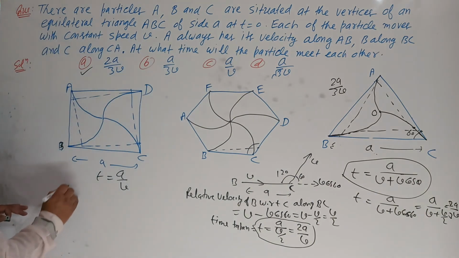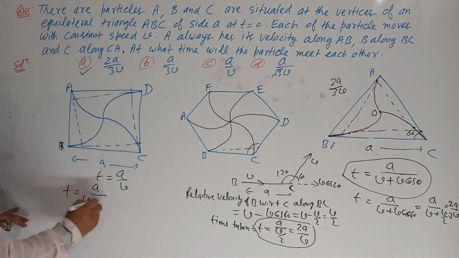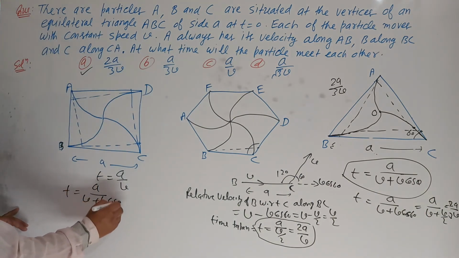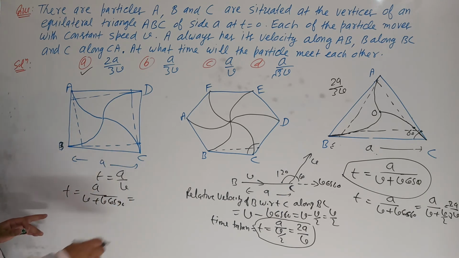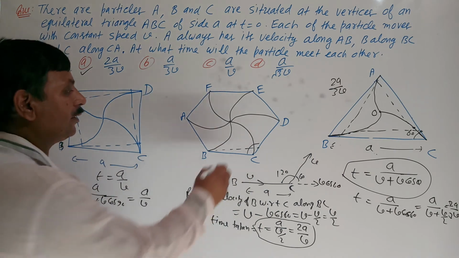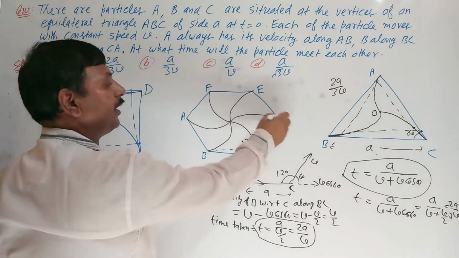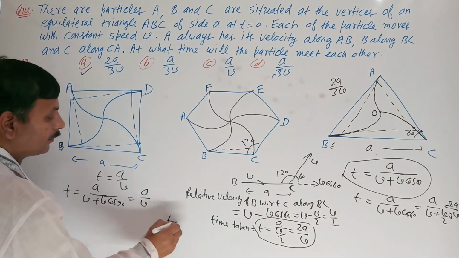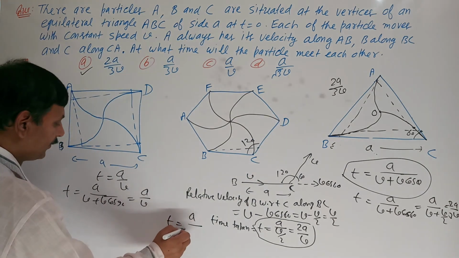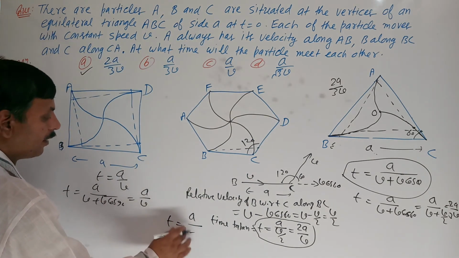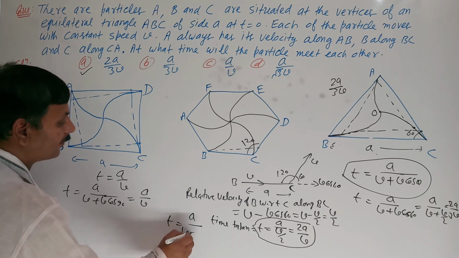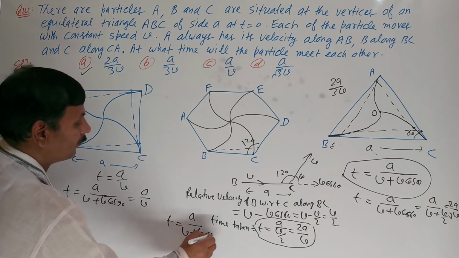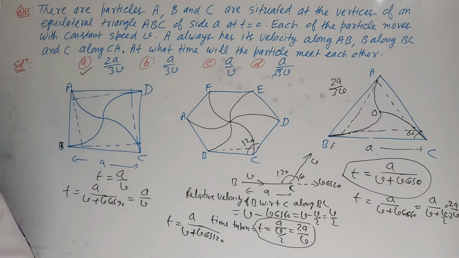Second also, T is equal to A upon V plus V cos 90, so that is A upon V. And the third question, the angle between BC and CD is 120, A upon V plus V cos 120. Cos 120 is minus 1 by 2.